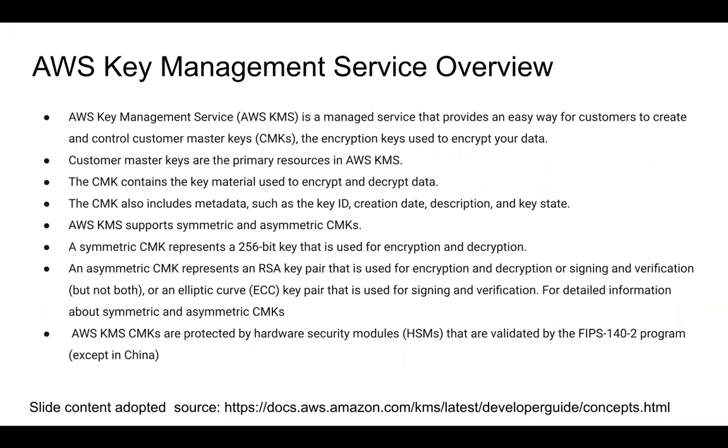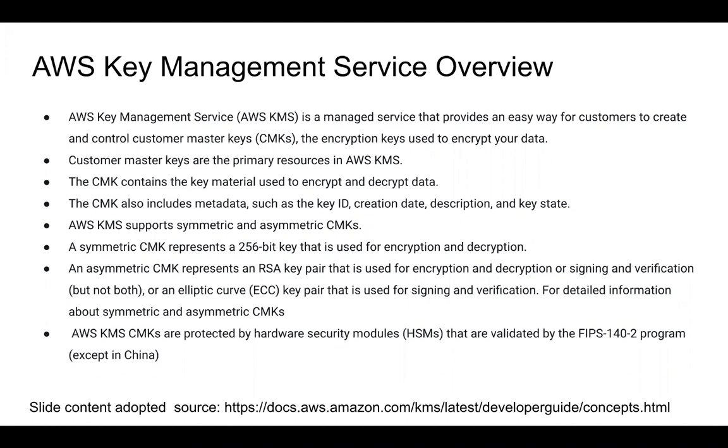So the KMS service, as I said in the beginning, is a very important service offered by AWS, and it helps the customer to safe keep and ensure security for their data in multiple ways, at rest, during processing, in transit, and all those things, right?